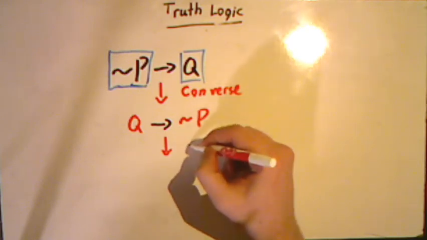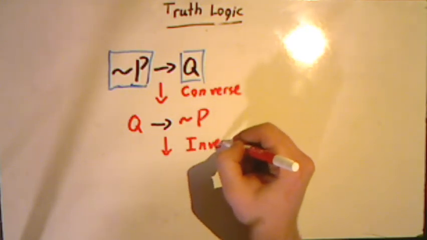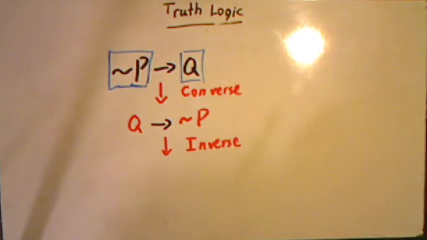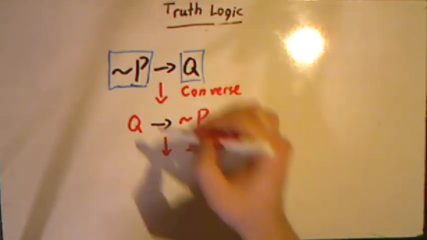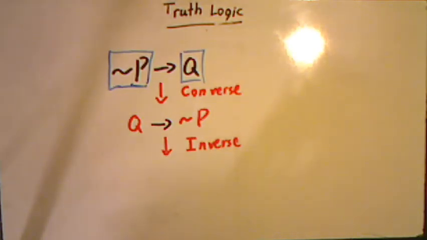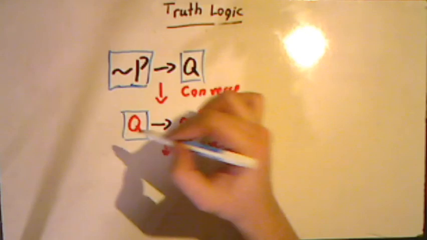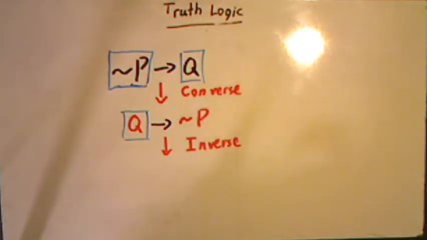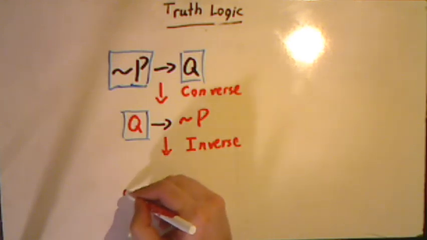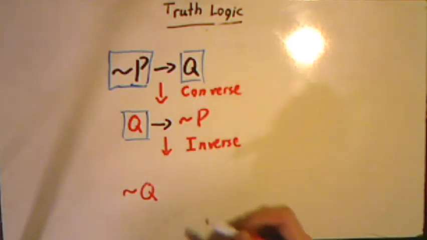Now we take our secondary step, which is the inverse. And so we take each of these values and we negate only the values. So we take our Q and we put a negative in front of it. And when you negate a positive, you get left with a negative.